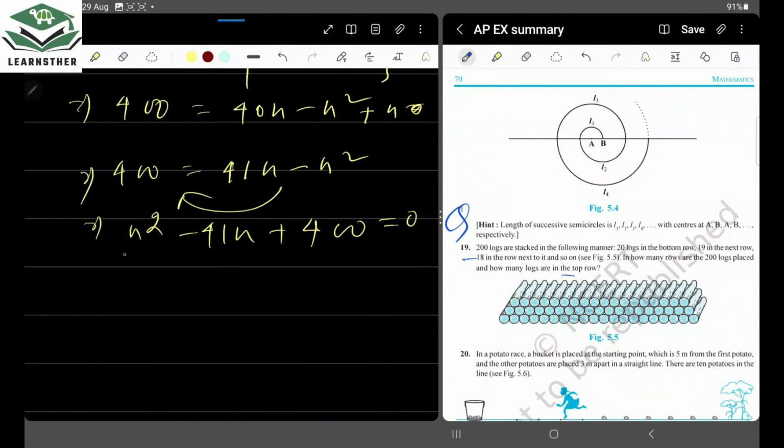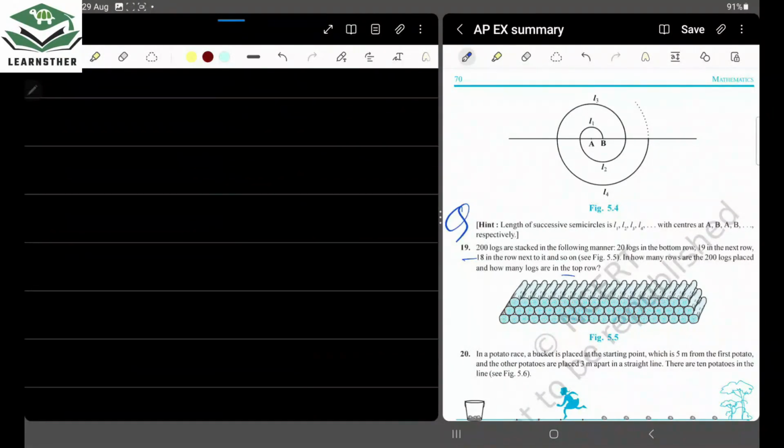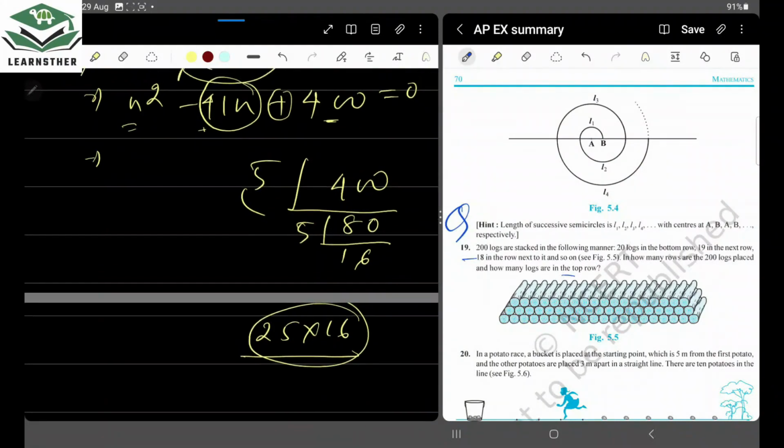We can get the roots of this equation by splitting the middle term. So 400 can be factorized like this: 5, 8, 5, 1, 16. 25 into 16, this will be 41.